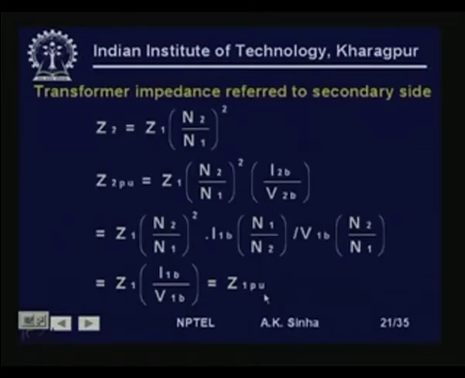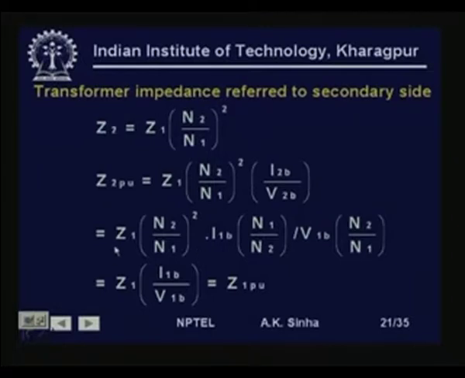And if it is referred to the other side, the secondary side, then Z2 is equal to Z1 into N2 by N1 squared. Therefore, Z2 per unit will be equal to Z1 into N2 by N1 squared, which is nothing but Z2 into I2 base by V2 base.